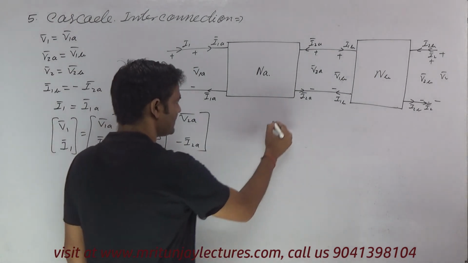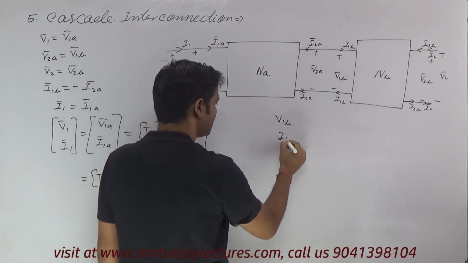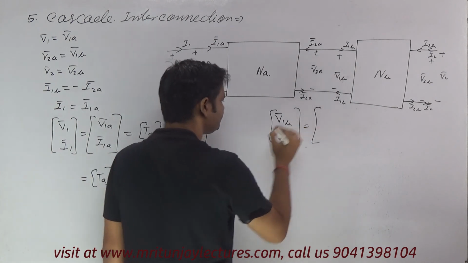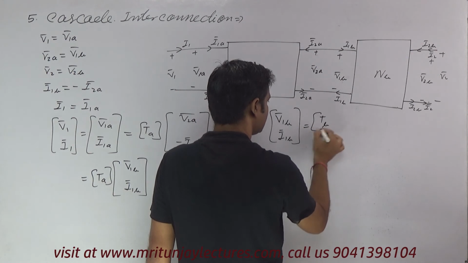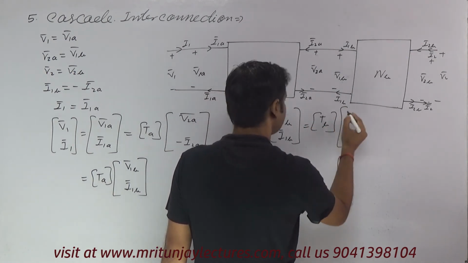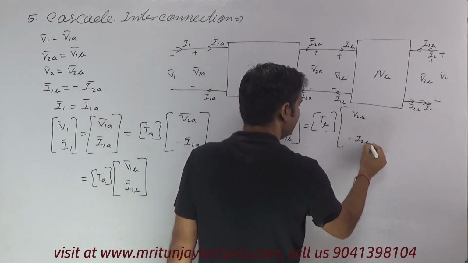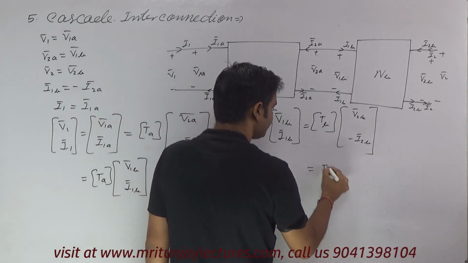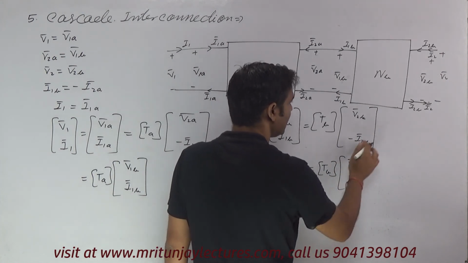Okay. And corresponding to V1B and I1B, this one is written corresponding to TB, and here that is V2B and minus I2B. Okay. And that is TB, V2B that is V2 and I2.